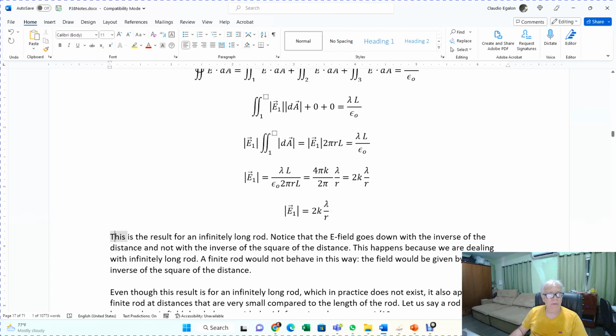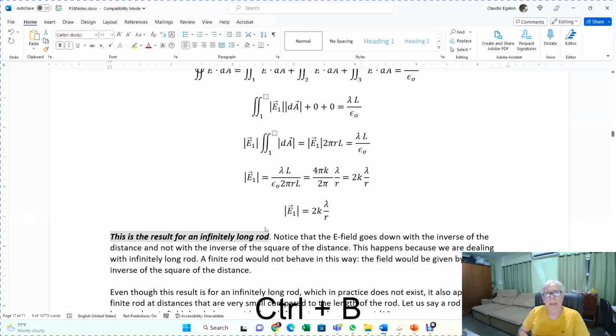Don't forget, this is the result for an infinitely long rod. That's why it's divided by r and not divided by r squared. If the rod were finite, we would be getting something different.